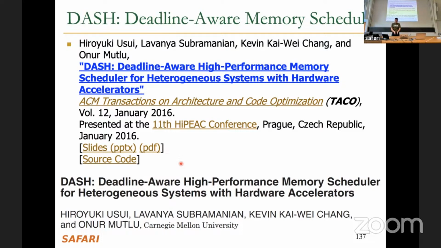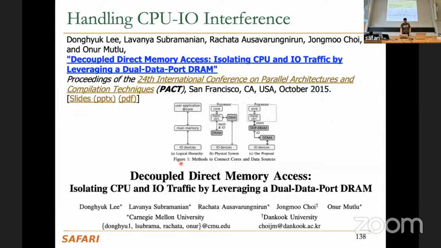And when you prioritize that hardware accelerator at that point, you have to schedule a lot of requests before you can schedule any other requests from any other application. And that slows down your applications significantly. You don't want that, and this is the problem Dash is dealing with, and I won't go into any further detail. If you like the problem, read Dash, and I hope you will be satisfied.